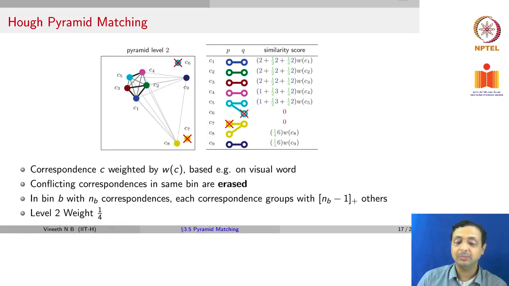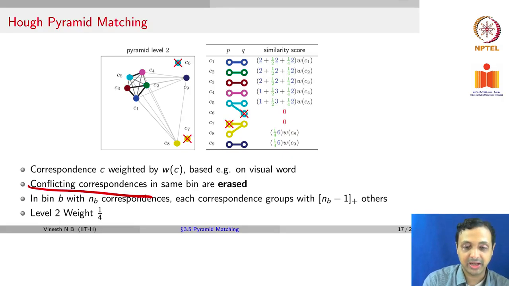Now when you go to the next level, where you combine everything into a single bin, each of these correspondences gets newer correspondences. Once again, conflicting correspondences are erased.